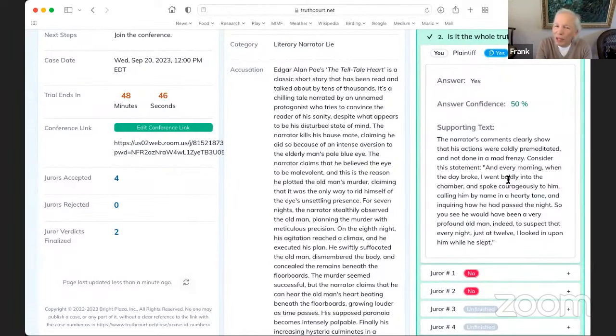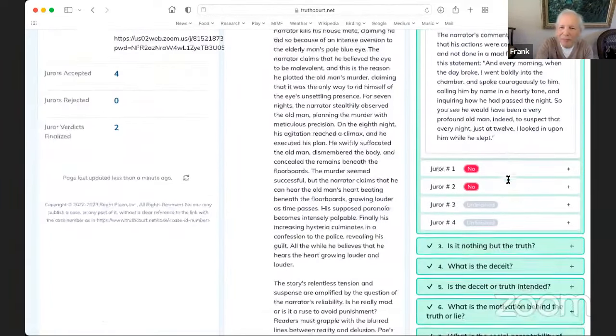So you see, he would have been a very profound old man indeed to suspect that every night, just at 12, I looked in upon him while he slept." Does not sound like a madman. Clear premeditation. And he's in control of his faculties because he's lying very well to the old man.